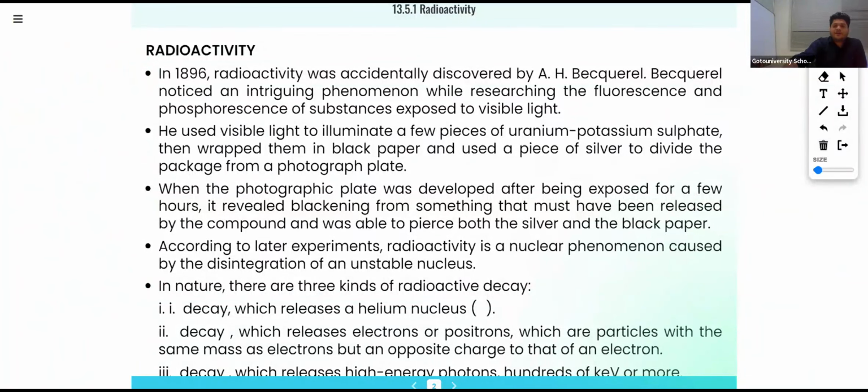For the beta, beta decay is very important. In the process of beta decay, we have two things: beta negative decay and beta positive decay.